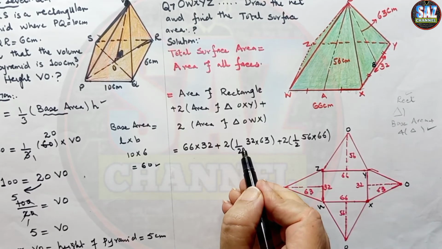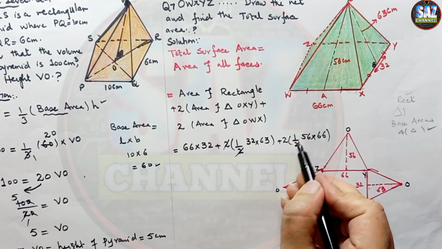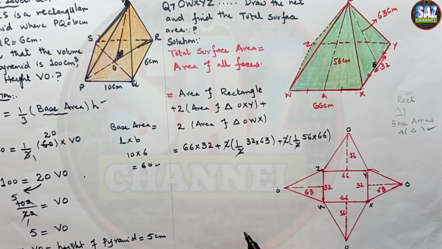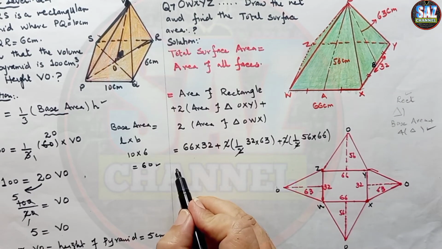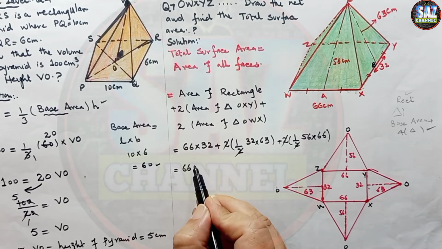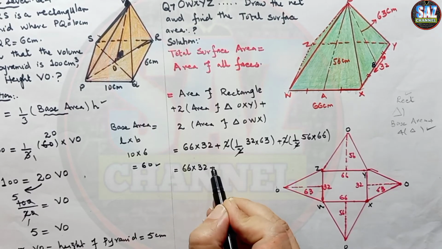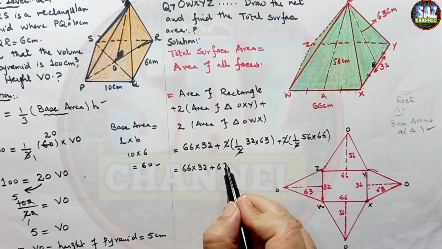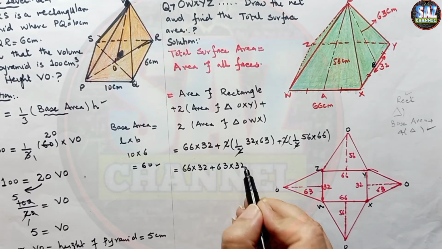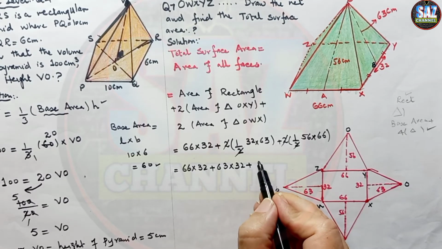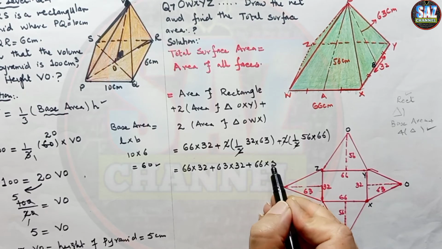Now to make the calculation easy, I always ask my students to simplify the similar things. Now I'm left with 66 multiplied by 32 plus 63 multiplied by 32 plus 66 multiplied by 56.